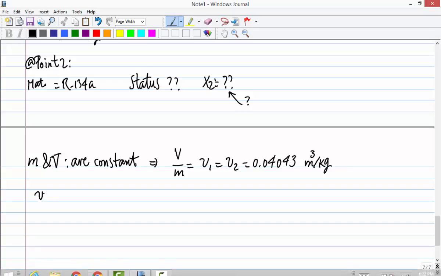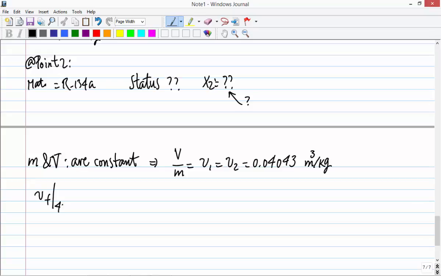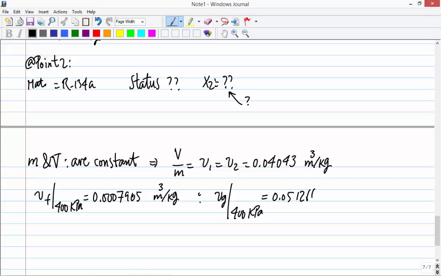So Vf at 400 kPa is, according to the table that I showed you right now, this, and Vg at that pressure was this much.